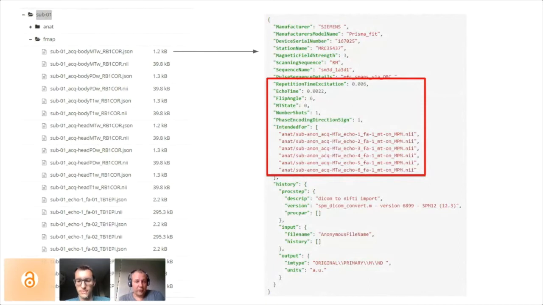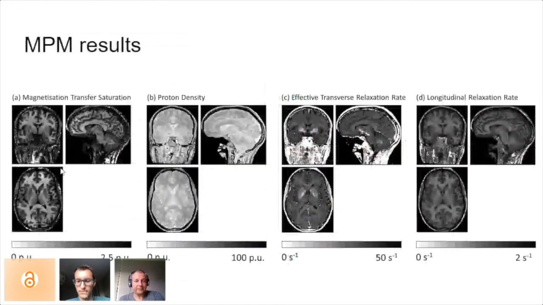With that put together, the idea is, of course, that you will generate these quantitative maps. So with the MPM, what the whole processing pipeline spits out in terms of maps are the magnetization transfer saturation on the left, proton density, and then the effective transverse and longitudinal relaxation, R2 star and R1.